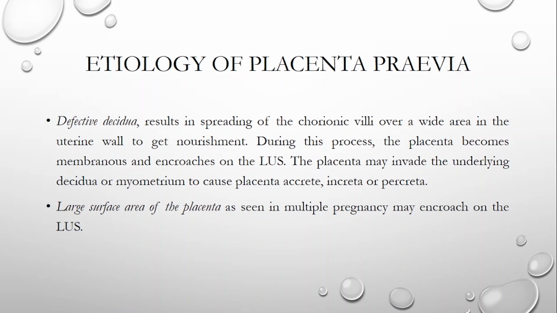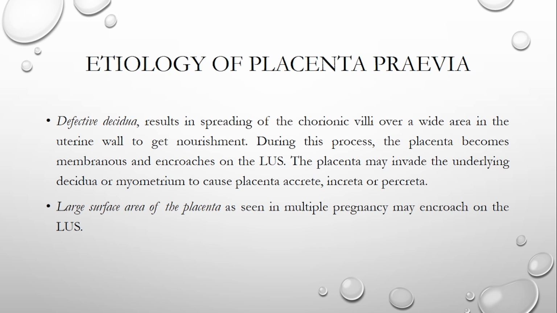So first is the dropping down theory, and then the second is the large surface area of the placenta in multiple pregnancies and pregnancies of higher orders, in rhesus isoimmunization, or in patients that smoke in pregnancy. The other theory is defective decidua in the uterus, which results in the spreading of the chorionic villi over a wide area in the uterine wall to get nourishment.